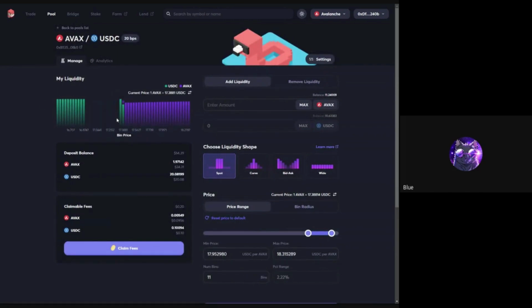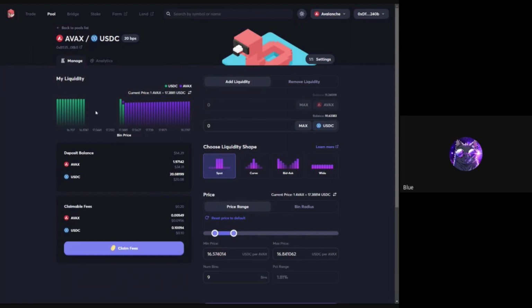So sometimes I've removed a section of my liquidity on one side of the market. If all of a sudden I'm expecting a further retrace from AVAX, I've decided to remove some of my USDC next to the active bin because I'm expecting a retrace, and maybe I want to concentrate that over, to maximize my gains for this move.